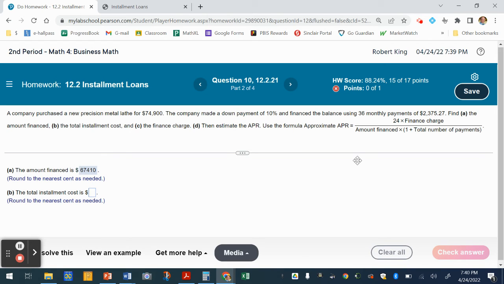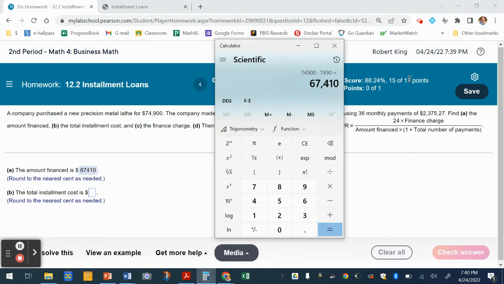Okay, total installment costs. Well, that number that I told you to write down is the down payment, and you're making 36 monthly payments of $2,375.27. So we're going to go 36 times $2,375.27.